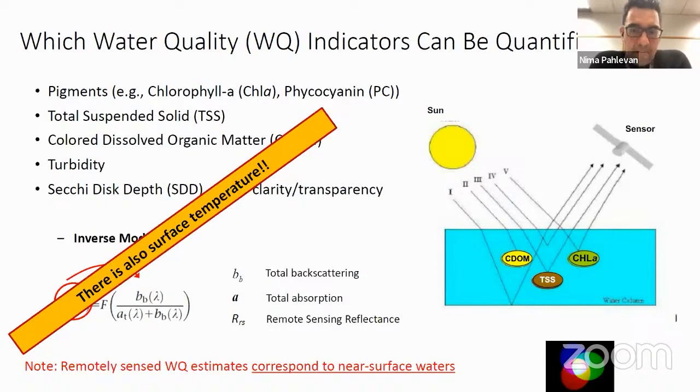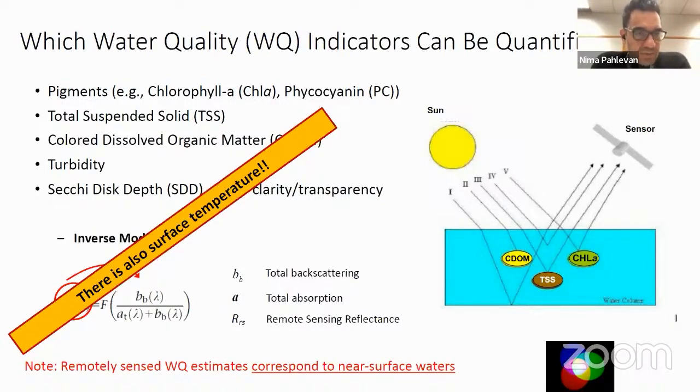From satellite, you can directly measure materials or constituents that impact the color of water. Chlorophyll A, of course, has been the most important parameter. It's the primary pigment in a wide range of phytoplankton.